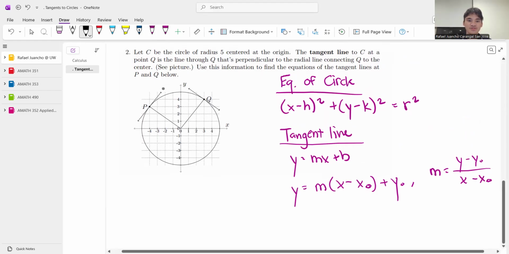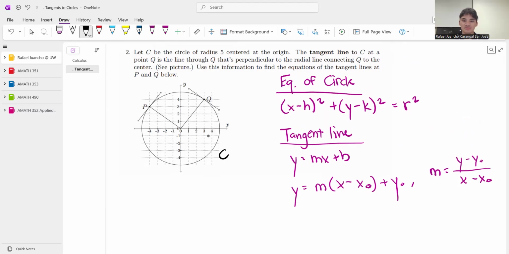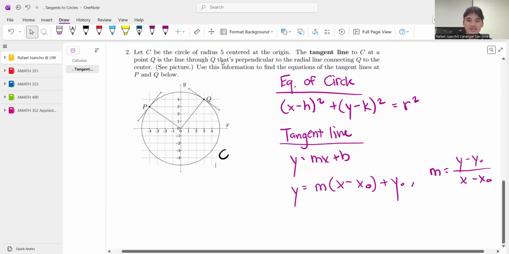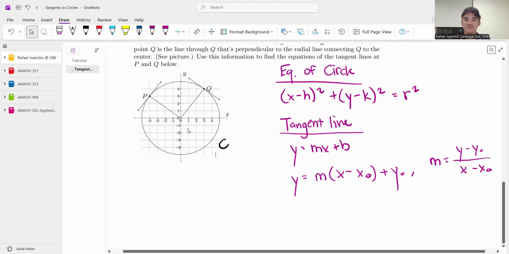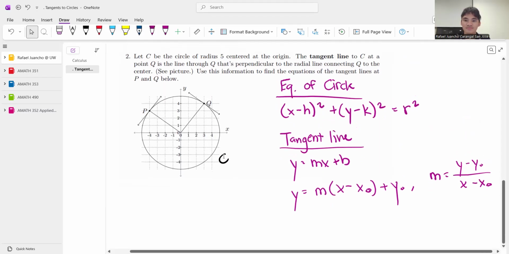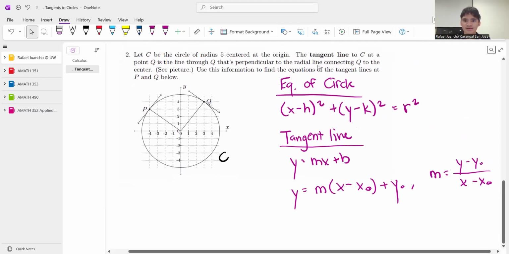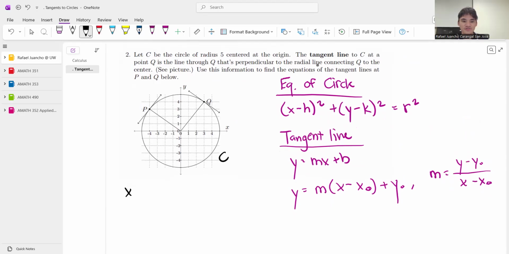So we know the circle is C. Let's name it C, the circle. It's radius 5, and it's centered at the origin. So we know the equation of this circle. Let's write out the equation of a circle.